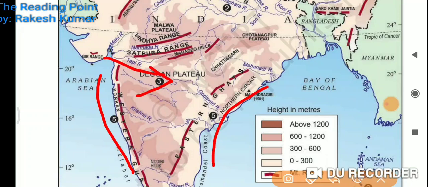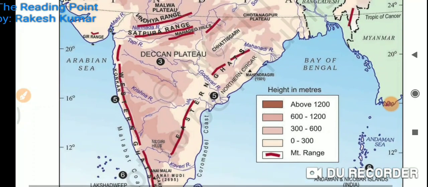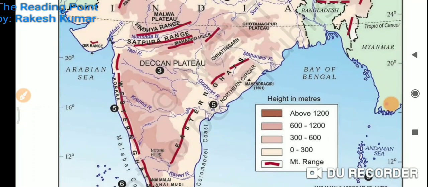Why? Because in ancient times some volcanoes were there, and due to those volcanic eruptions a lot of lava came out, and this made the region volcanic, and they have an undulating surface with low hills and rounded tops.